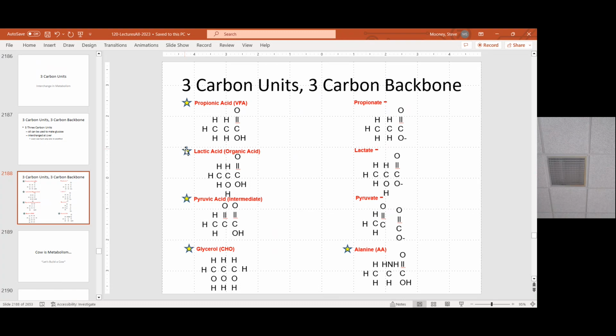So where does propionic acid come from? Anybody remember? The VFAs, where are VFAs produced? In the rumen, in fermentation. So all of the propionic acid that's formed gets absorbed, goes to the liver, and is used to make glucose. There's a whole lot of propionic acid going into the liver, very little coming out.